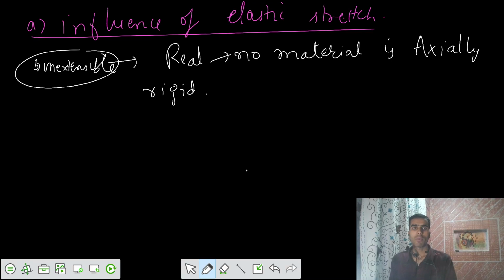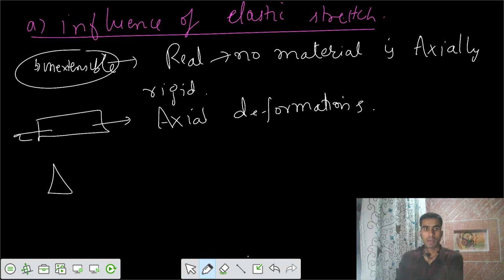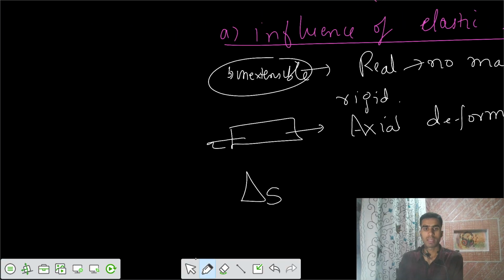If you apply some load on a cable, there would definitely be some axial deformation. For a symmetric cable with a parabolic profile, we look at how much change there is in the length of the cable.